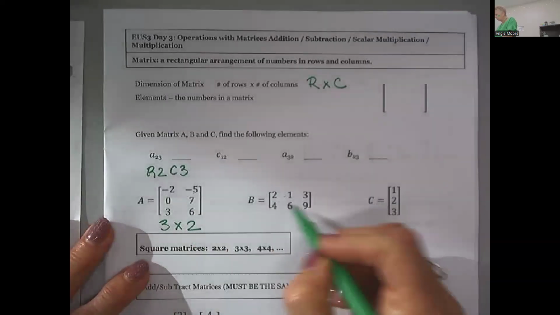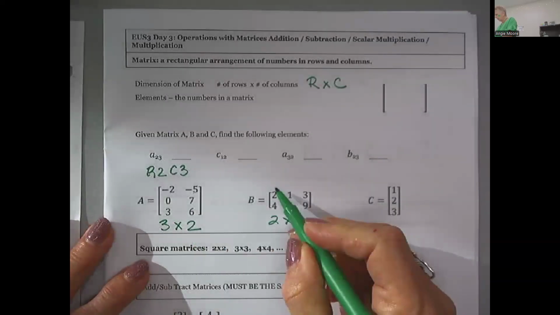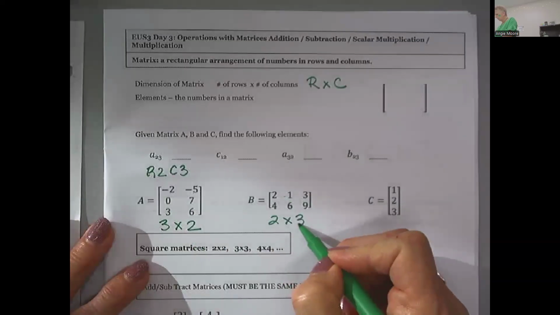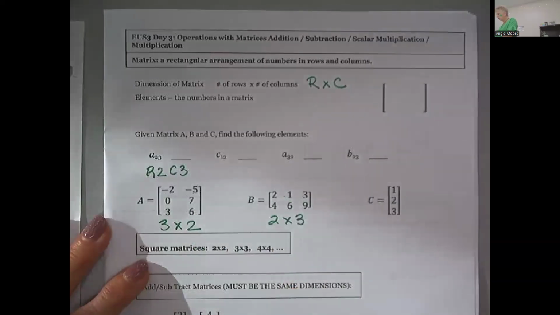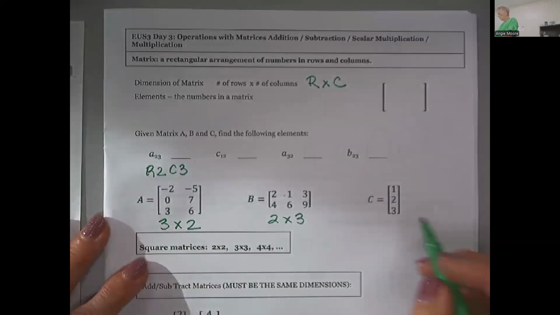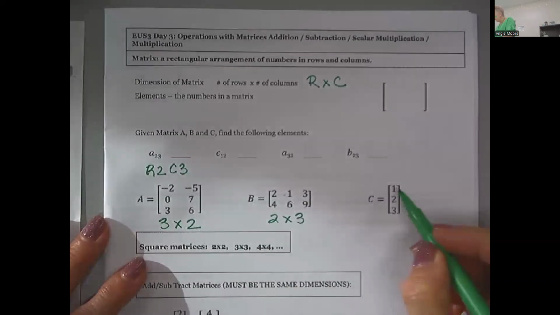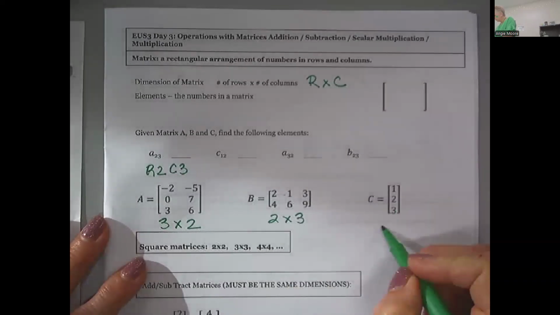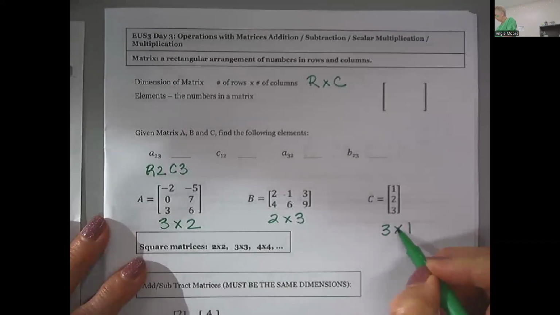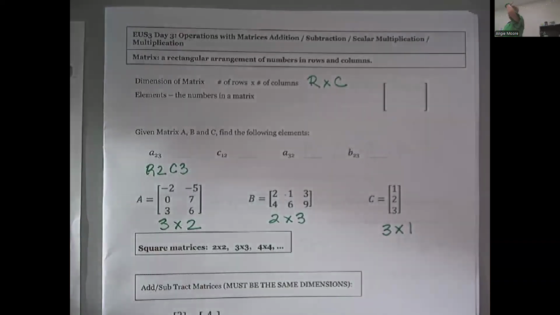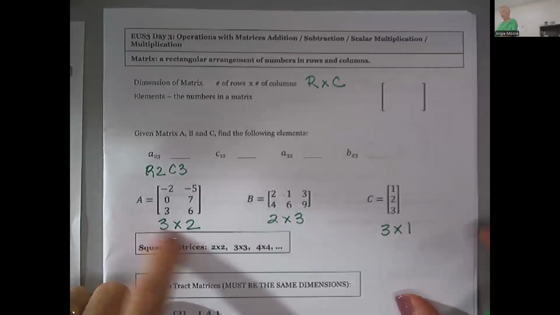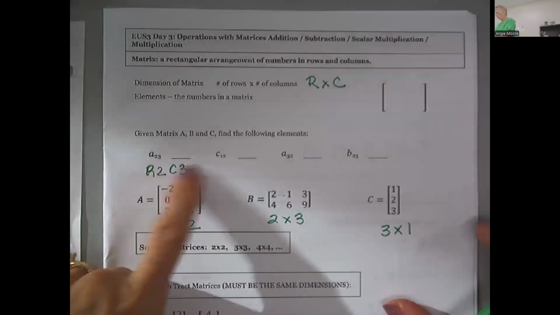B has 2 rows and 1, 2, 3 columns. It is a 2 by 3. And see if you can do C. Do C. It is a 3 by 1 matrix.